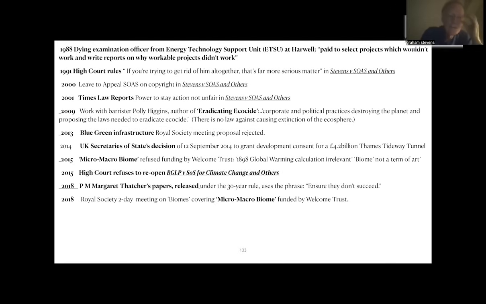Of course, the High Court refused to reopen Blue-Green London Plan versus Secretaries of State for Climate Change and others, after I appealed to reopen the appealed case.